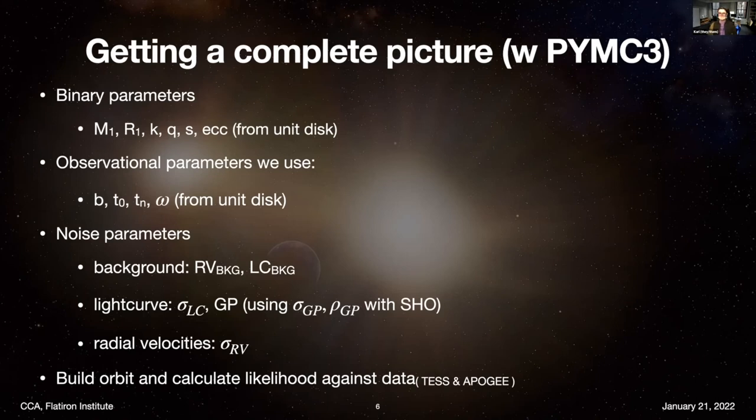We include noise parameters for a background RV and a background light curve, and we subtract the light curve background using a Gaussian process, which is modeled using a stochastic harmonic oscillator. And then for the radial velocities, we model a sigma RV for the APOGEE measurements. The model is put together with these variables, and then we calculate the likelihood against the joint data from TESS and APOGEE.